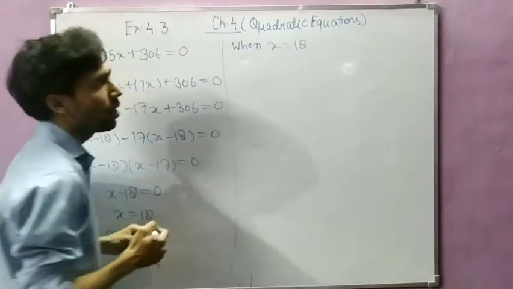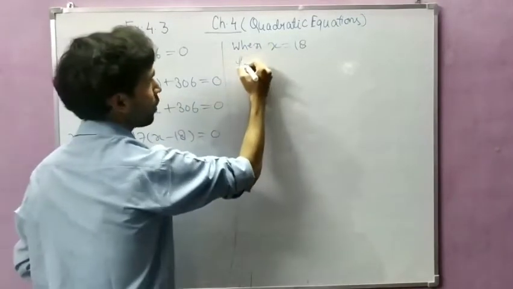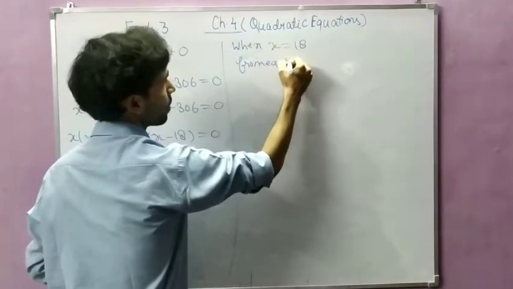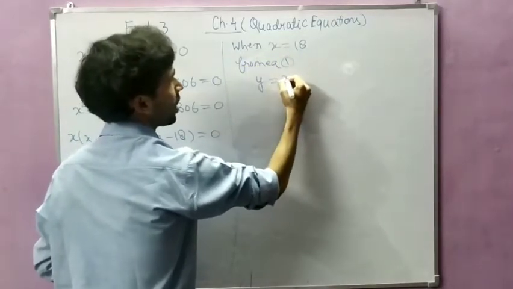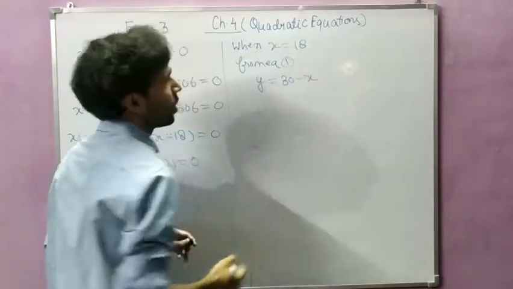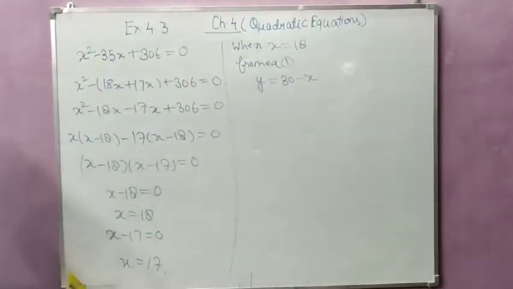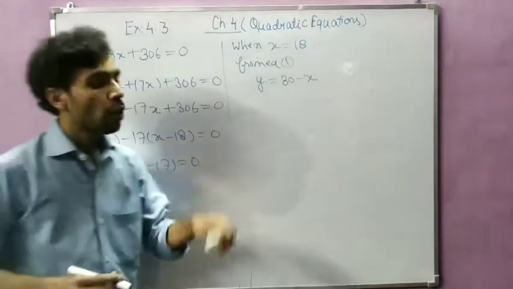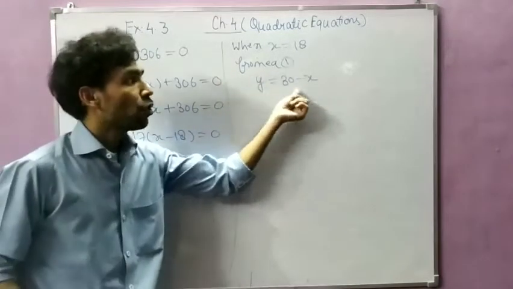from equation number 1, our equation number 1 was y equal to 30 minus x. This marker is not working. I am coming. Equation number 1 was y equal to 30 minus x.